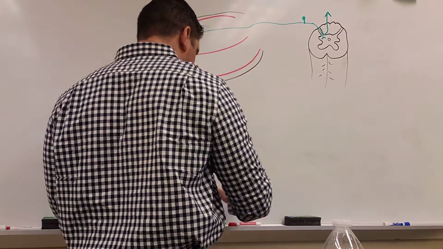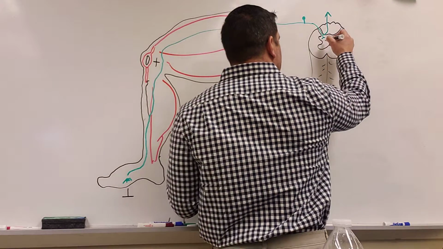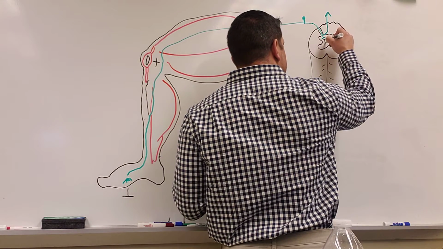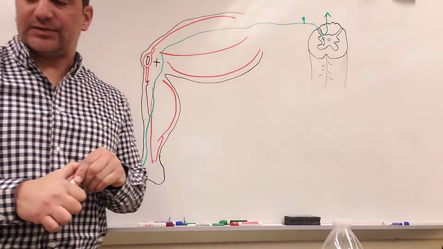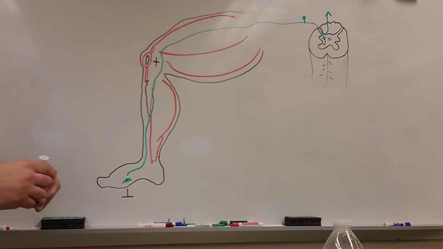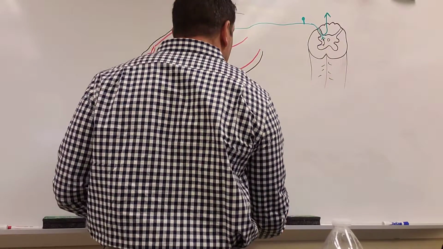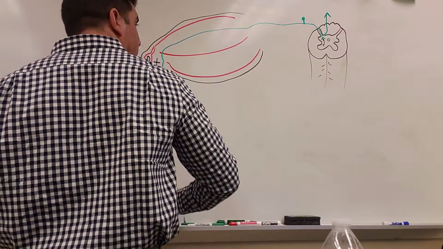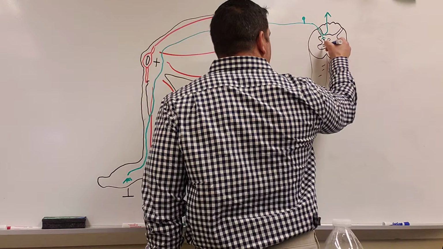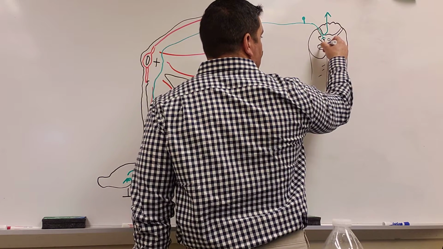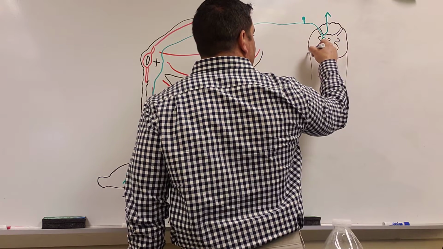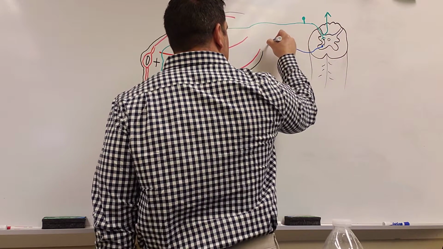It's going to synapse with an interneuron. Remember, an interneuron is just a little tiny piece. It's not an alpha motor neuron. It's just a little jumper cable.